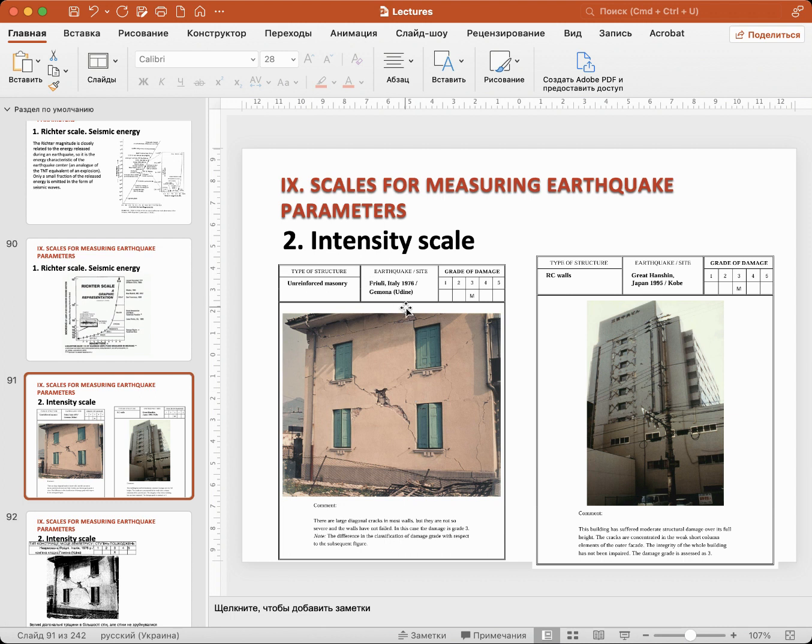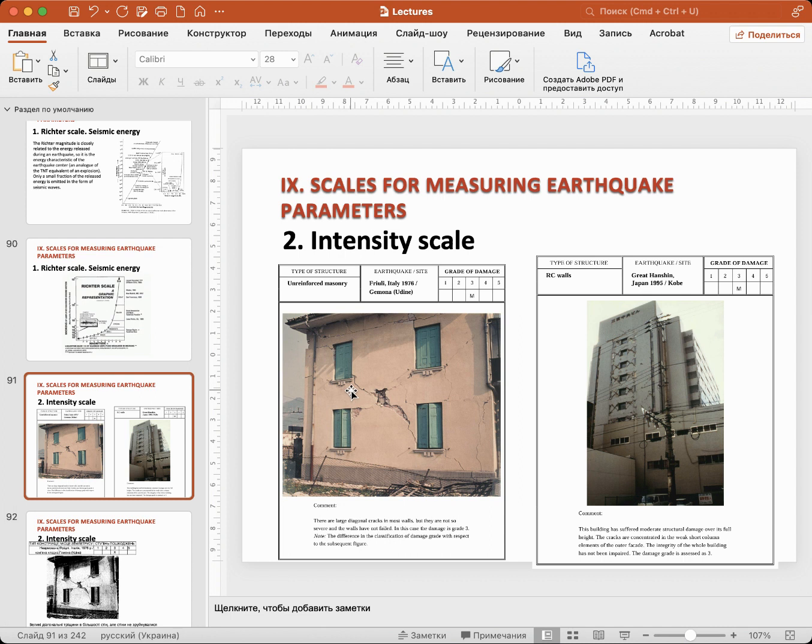So zero means no cracks, no damage, no deformations at all, and 5 means total destruction. This scale has an additional sheet of paper that helps us find out what grade of damage 1, grade of damage 2, 3, and so on mean.